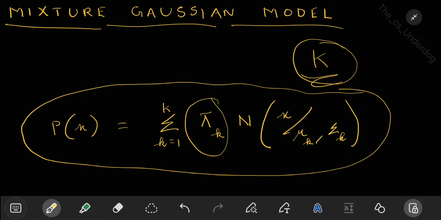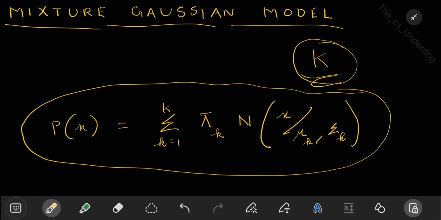Pi is a coefficient. This coefficient tells you the importance of each Gaussian distribution in this final distribution, what fraction of the mixture it contributes.